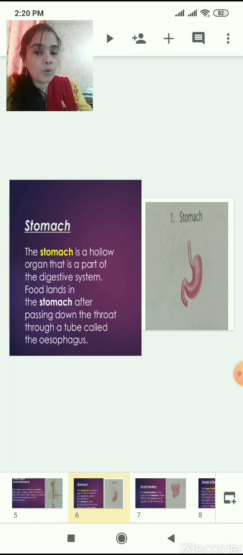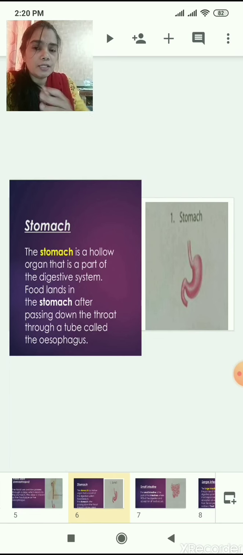In the same way, when we eat, our food starts landing in the stomach. And what does our stomach do? It starts churning the food. It dances like this. It churns the food, that is, it makes our food digested.